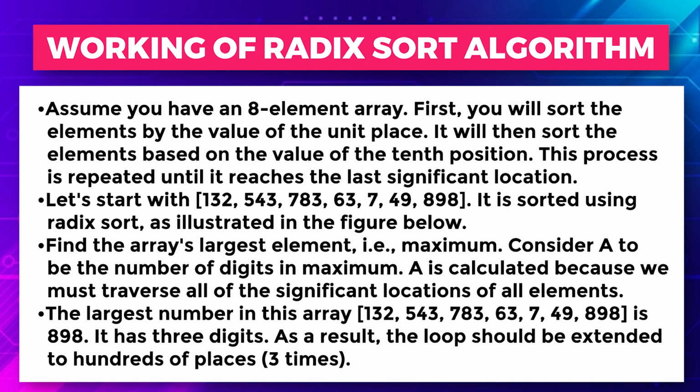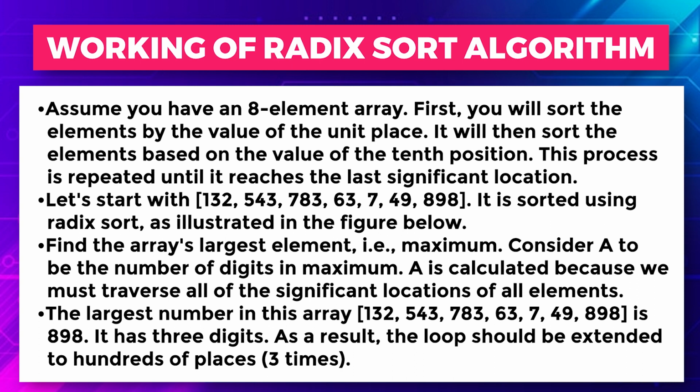Let's start with the numbers 132, 543, 783, 63, 749 and 898. It is sorted using Radix sort. As illustrated in the figure, we find the largest element of the array, that means the maximum. Consider A to be the number of digits in the maximum.